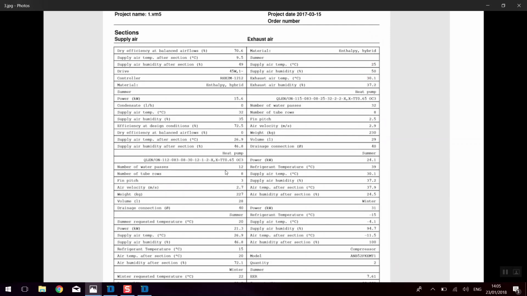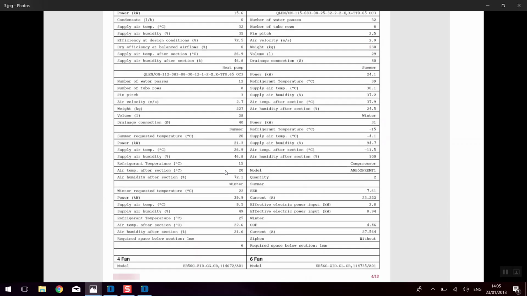Then we go to the heat pump circuit, and here what we would like to show you is the following. Again, on the extract side, the evaporator inlet temperature is minus 4.1 degrees.